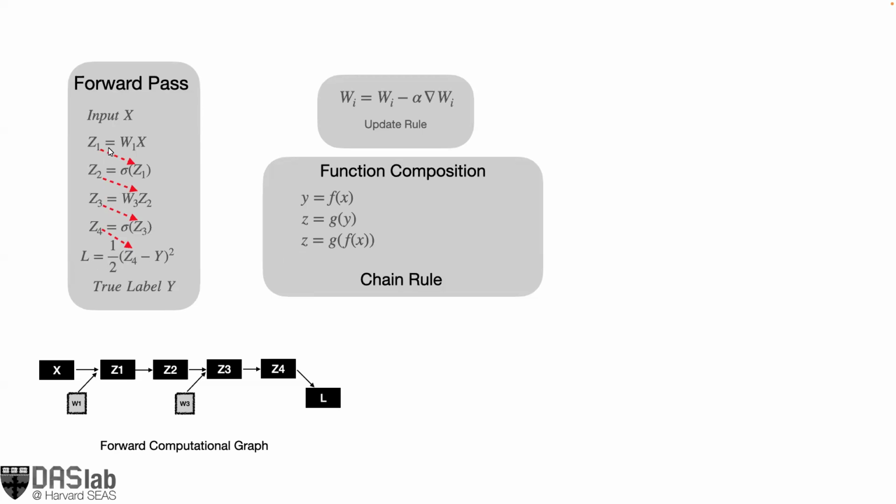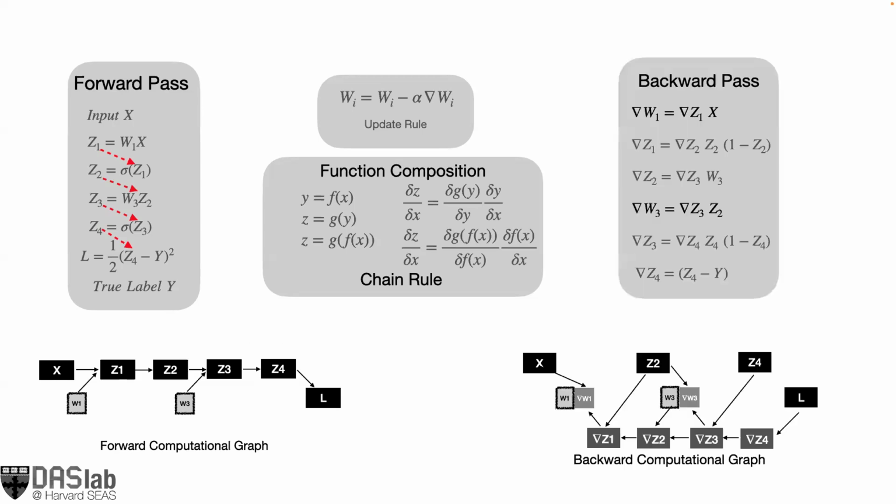Here, if we consider this end-to-end, then z1 is a function of x, but if we chain all of this together, z4 is also a function of x. Why does this matter? This matters because using this chain rule, we can get the derivatives, which are the gradients of the loss function with regard to each of these parameters and input values.